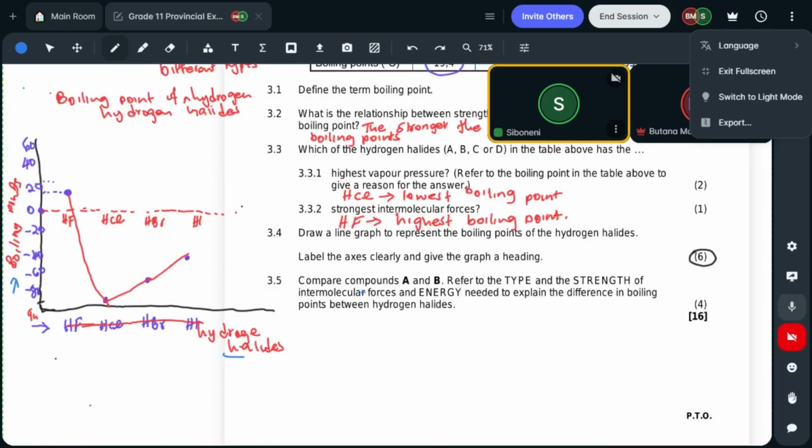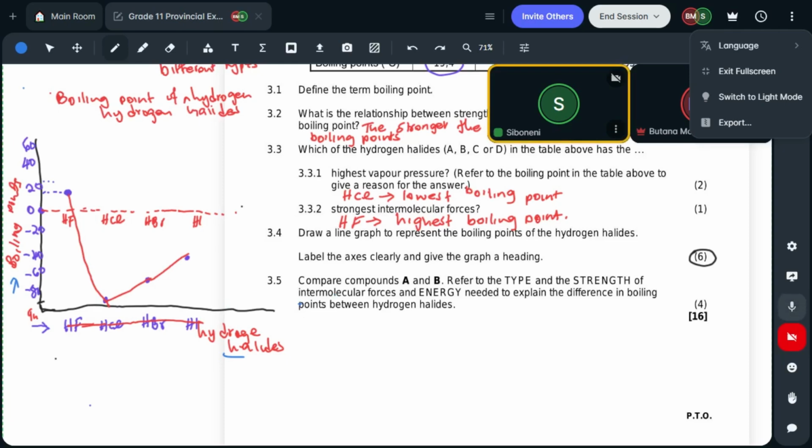Okay, so now they say compare compounds A and B, refer to the type and the strength of the intermolecular force and energy needed to explain the difference in boiling points between hydrogen halides. Let's make sure that we understand what the question is saying.